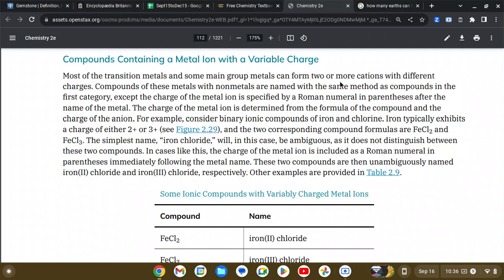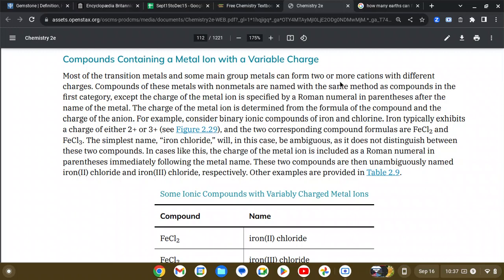For example, consider binary ionic compounds of iron and chlorine. Iron typically exhibits a charge of either 2+ or 3+, and the two corresponding compound formulas are FeCl2 and FeCl3. The simplest name, iron chloride, will in this case be ambiguous, as it does not distinguish between these two compounds.